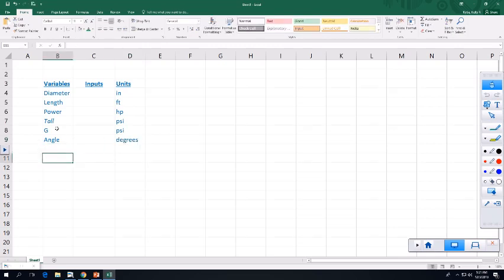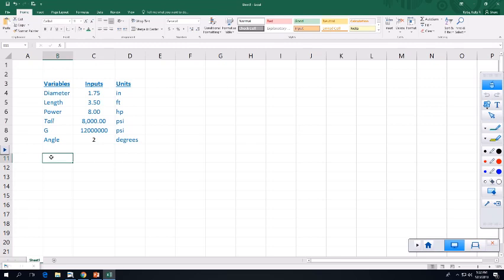All right, so I'm going to put those values in right away, because that way when we're inputting, we can check it as we go. Length, 3.5, power, 8,000, 12, 1, 2, 3, 4, 5, 6, and 2. Okay. We can worry about the units.